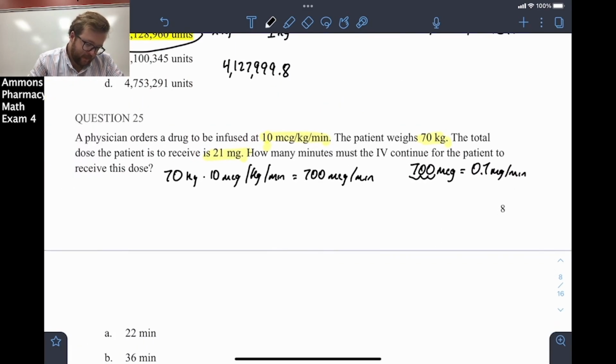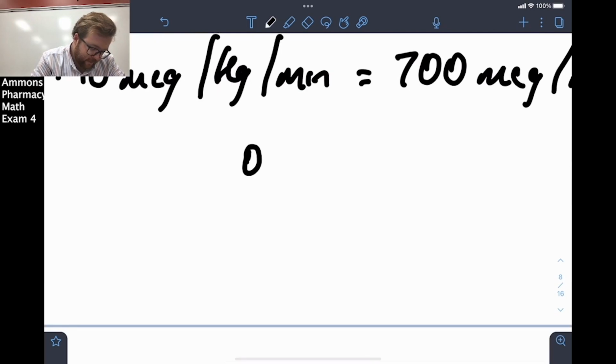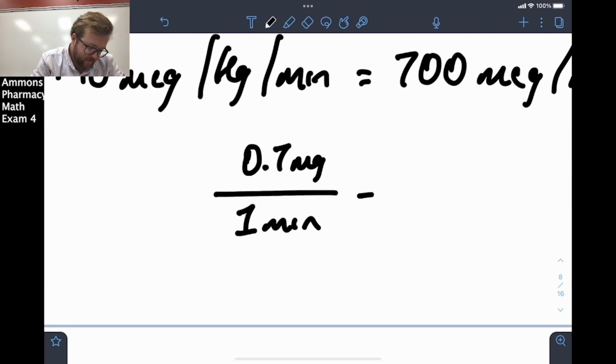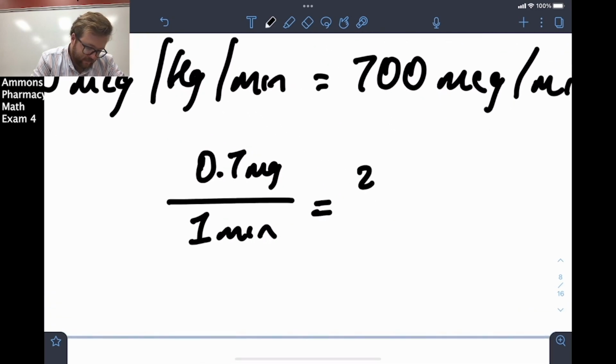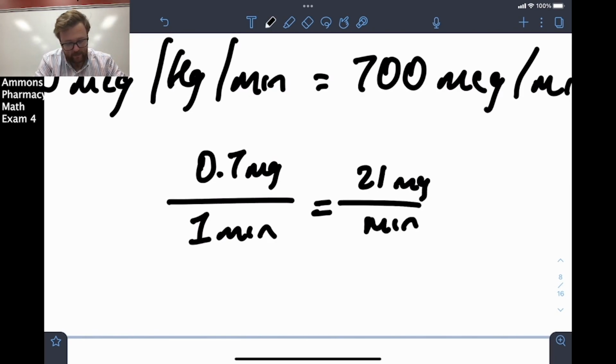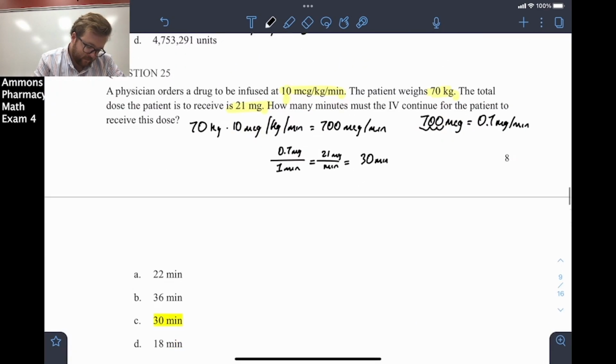Okay. So that's how many milligrams per minute he's getting. He needs 21, so we have 0.7 milligrams in 1 minute. He needs 21, is that right? How many minutes is that going to take? 21 divided by 0.7 is 30 minutes. Perfect.